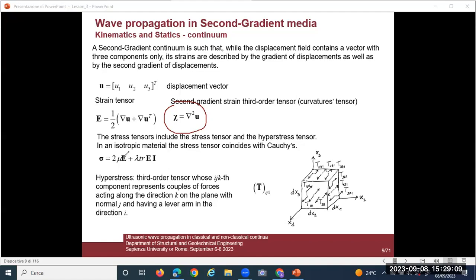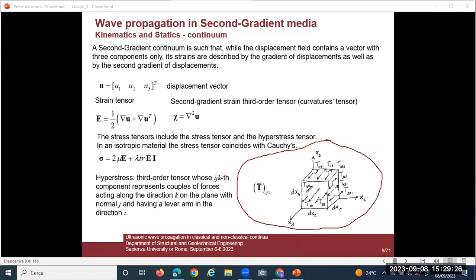And so let's go. So this is the stress tensor, and this other object is a representation of the hyperstress.